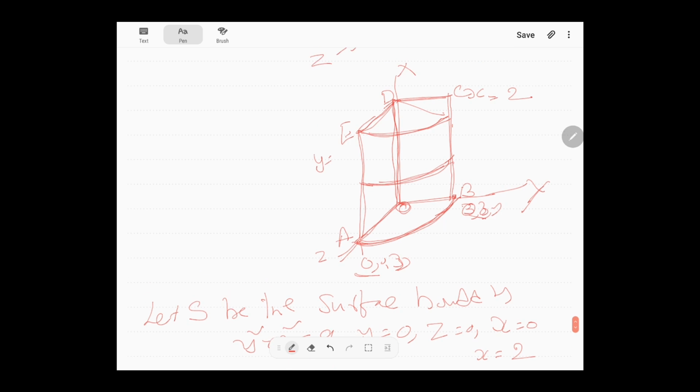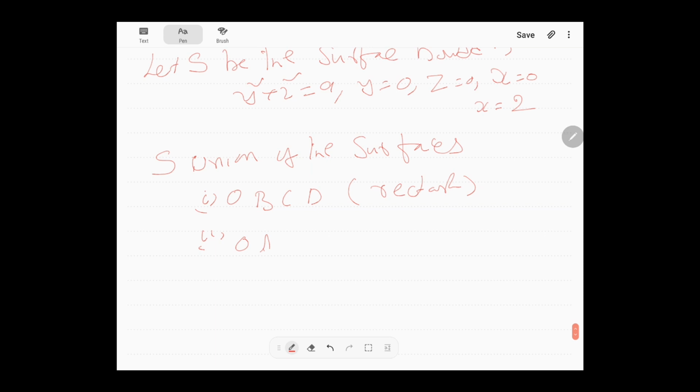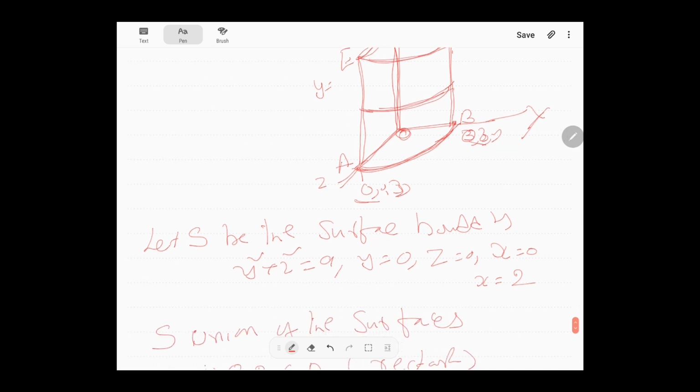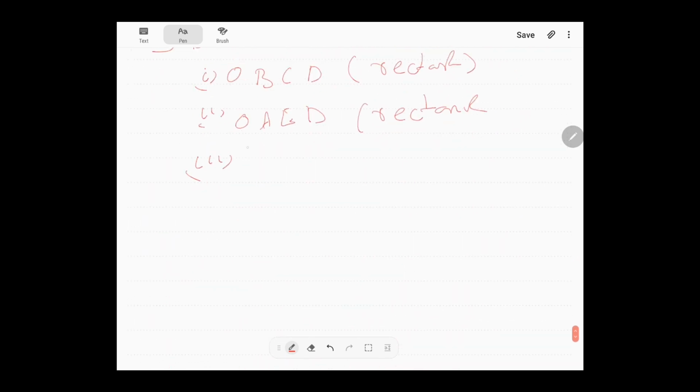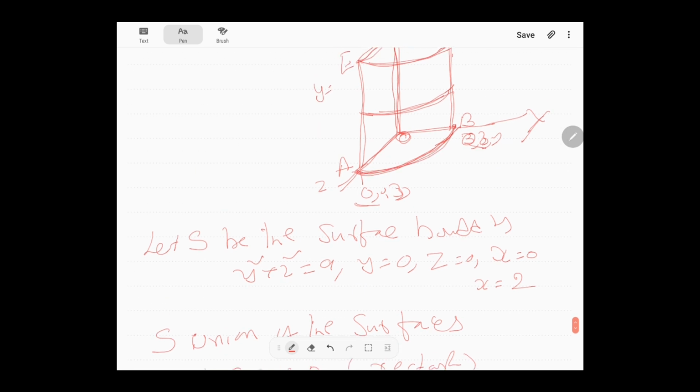Second surface is this OAED. This is also a rectangle. Third surface is the base OAB, which is a quadrant of a circle.